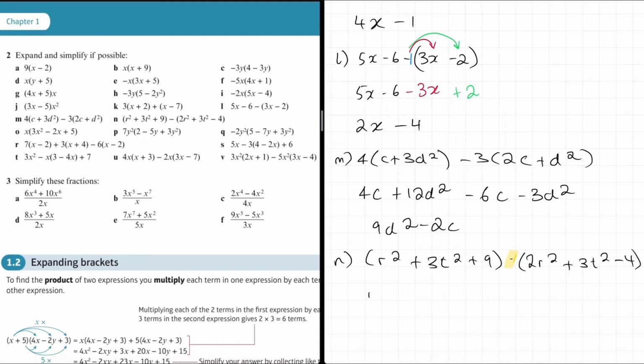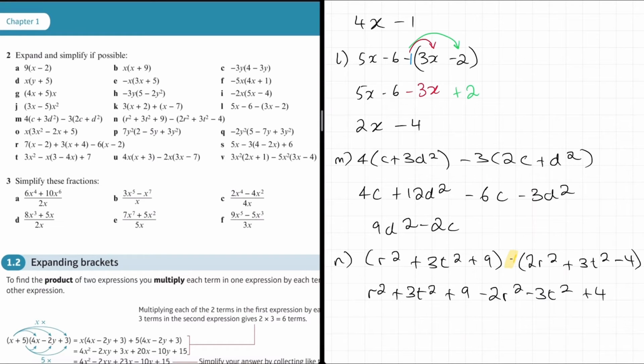So we've got r squared plus 3t squared plus 9, and then minus 1 times 2r squared is just minus 2r squared. Then we have minus 3t squared, and we've got minus 4, which is plus 4. And that's why it's really important when we have a negative sign outside of the bracket to make sure we get the correct signs.